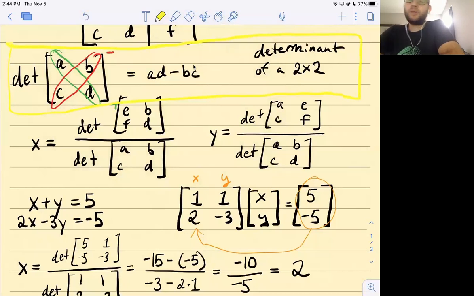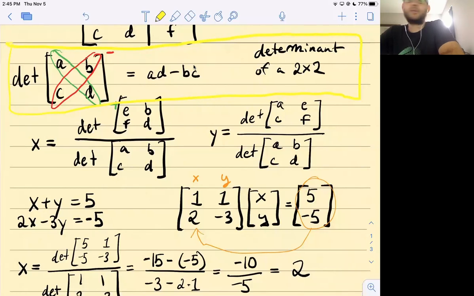And I'll show you what the formula is for 3x3, and then maybe on Monday I will share what this quantity actually represents, because it has a nice geometric meaning. But for now, it's just a formula that you can calculate from a matrix.